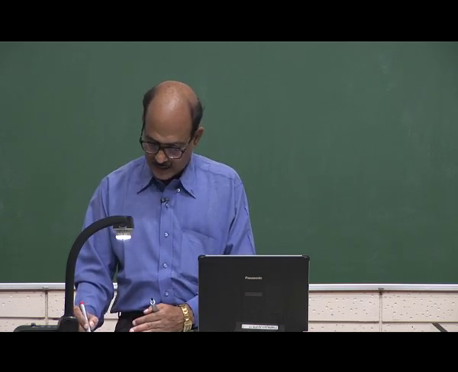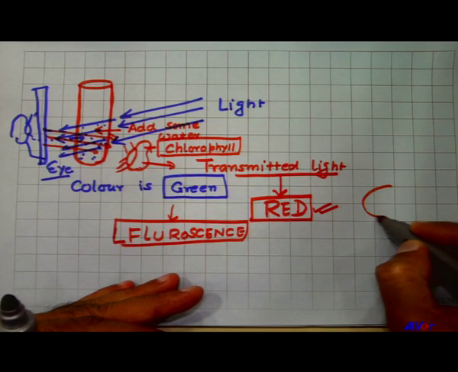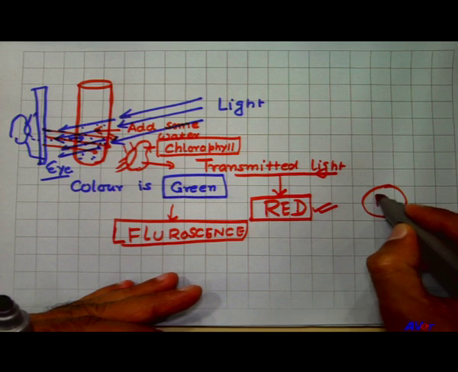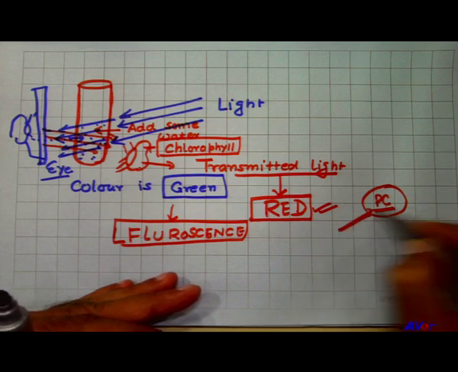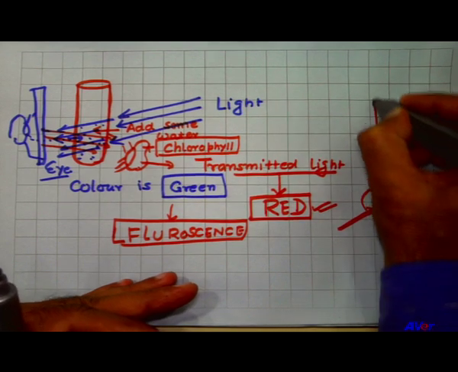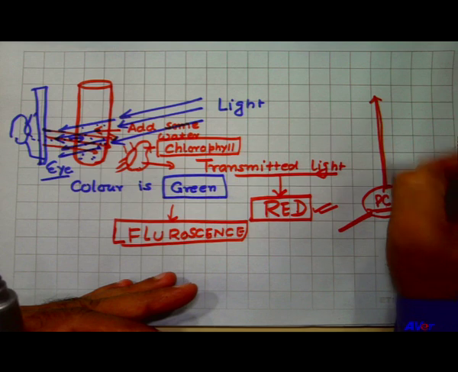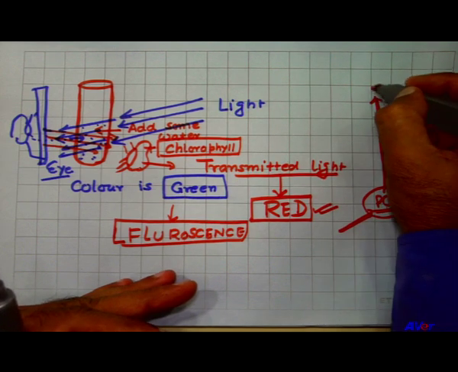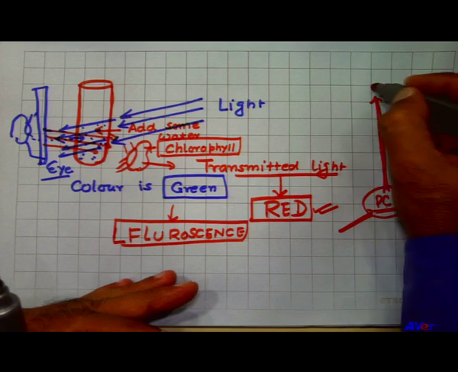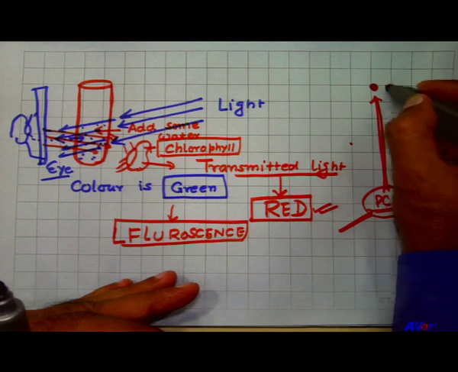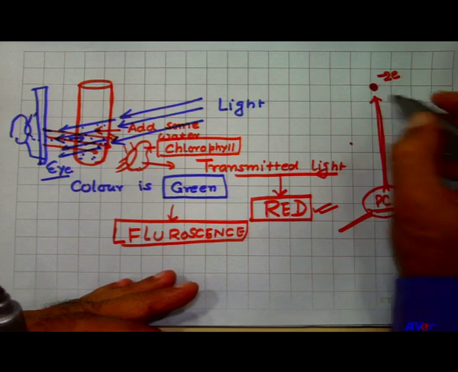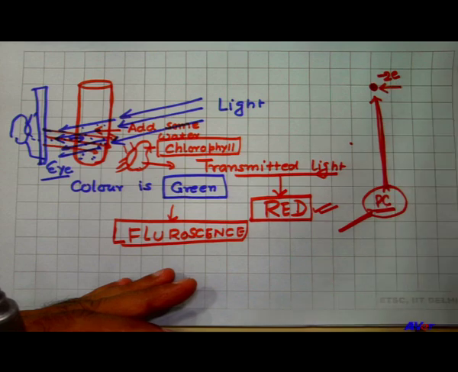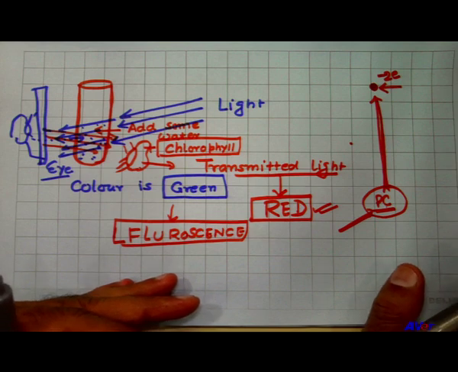As we have discussed earlier, when the reaction center or photochrome center receives light, the electron is emitted. When this electron is received by the acceptor, it goes into another pathway like cyclic and non-cyclic phosphorylation.